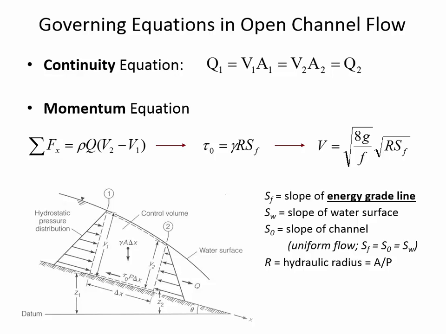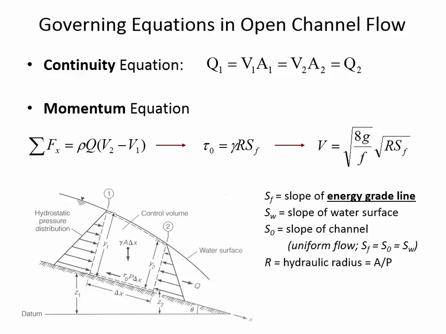Now it's changing though, which makes it a little tricky. The slope of the water surface here isn't as steep as the slope of the water surface here. You can see that it's gotten a lot more steep. So the slope of the water surface is just at a certain point that we're going to pick out. It's not constant like the slope of the channel is on this drawing.